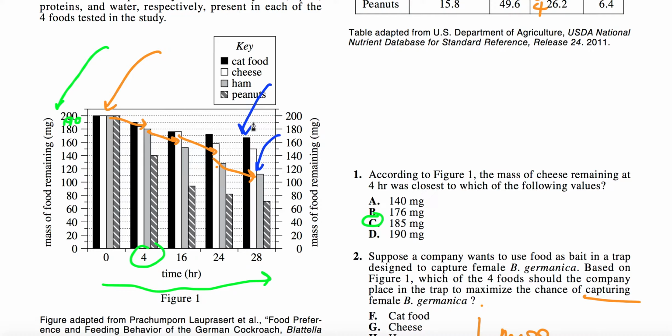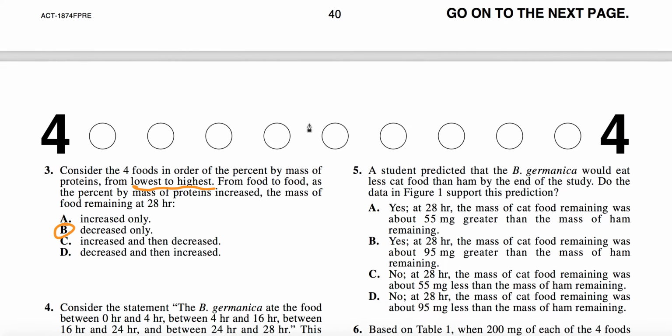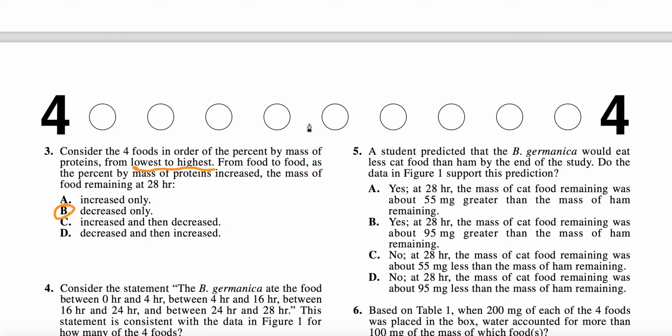Oh wait, no, this is true, because this distance is less than this distance here. This means they've eaten less cat food than ham. So this statement is true.